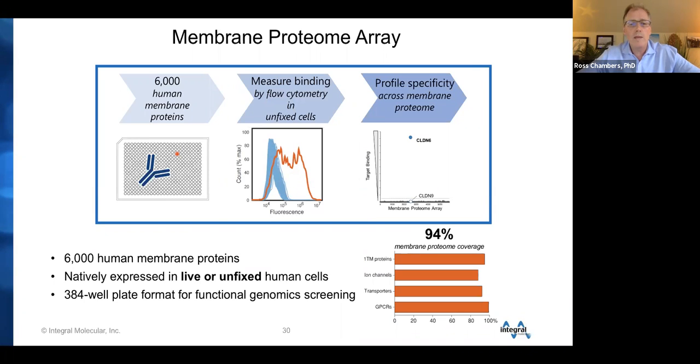Importantly, the antigens in the 6,000 array collection are expressed in live, unfixed cells, so that the native epitopes are displayed. In this way, we can rapidly determine whether an antibody is monospecific. As we've shown on the right here, this is one of our programs for Claudin-6. We've shown that it's monospecific, not binding to very closely related molecules like Claudin-9, which only differs by a few amino acids, or any other Claudin or any other membrane protein.